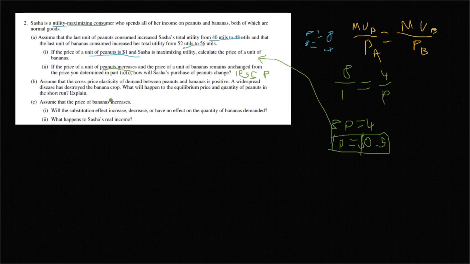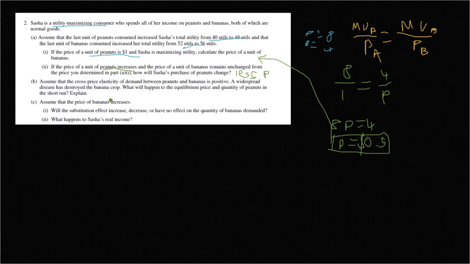But a widespread disease has destroyed the banana crop. That is not good. So because you have less bananas, you may not have the ability to buy them as much.